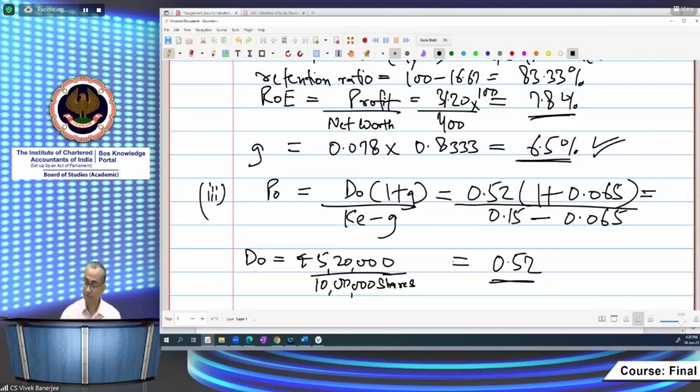Let us calculate it. 0.15. Let us solve the denominator portion. 0.15 minus 0.065.